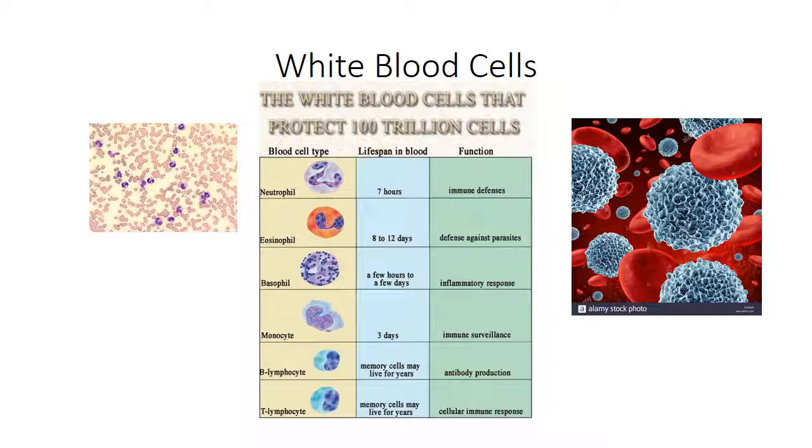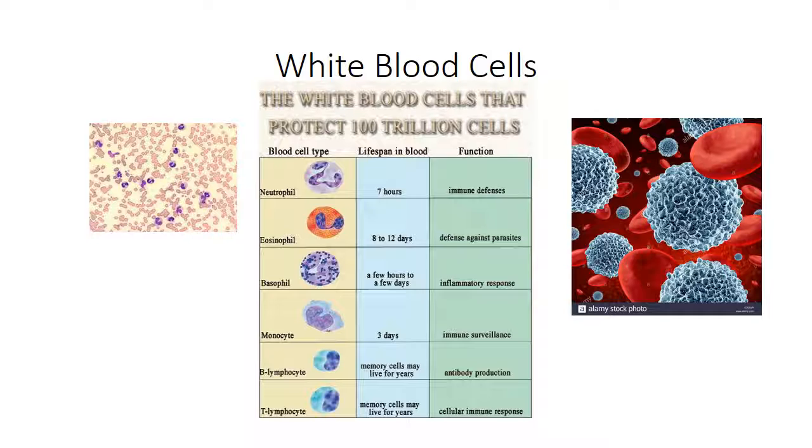So these blobs with blue coloration are white blood cells. Note that the shape of the nucleus can vary from one white blood cell to another. It may be rounded, it may be like a rod, it may be like several little rods, segmented nucleus, etc.